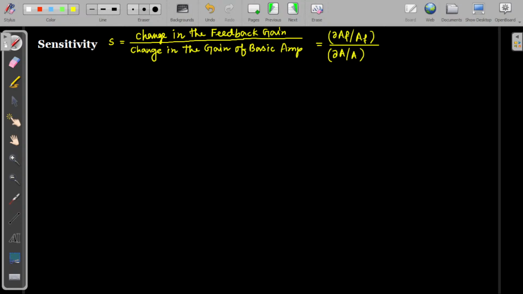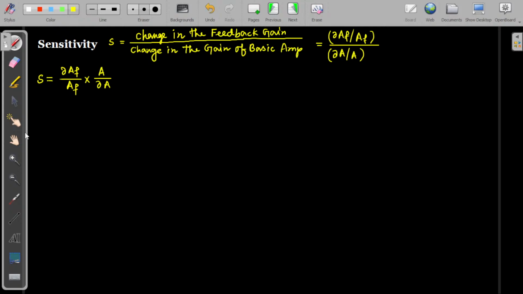This ratio is called the sensitivity of the feedback amplifier. Now S can be written as del AF by AF into capital A divided by del A. I can write it in this format.